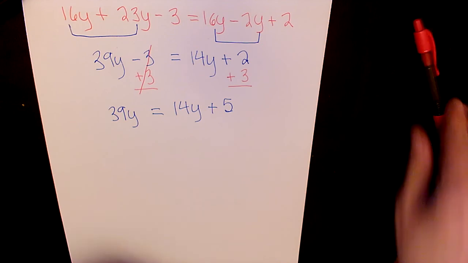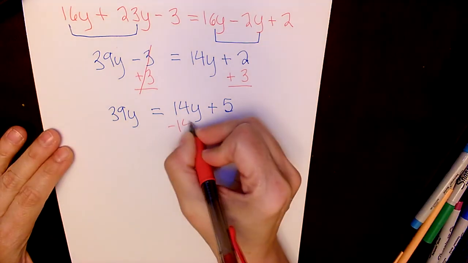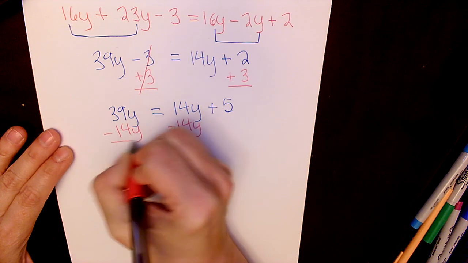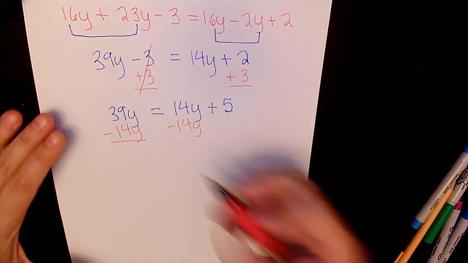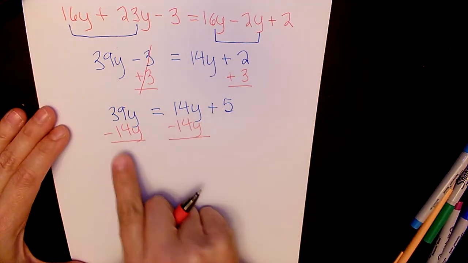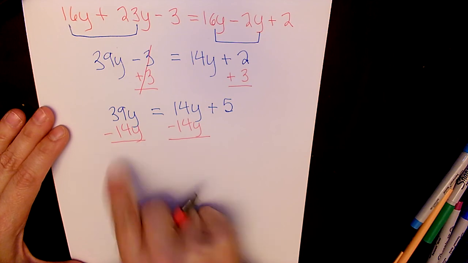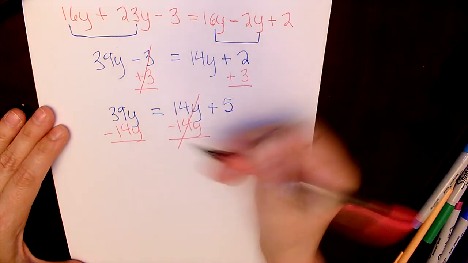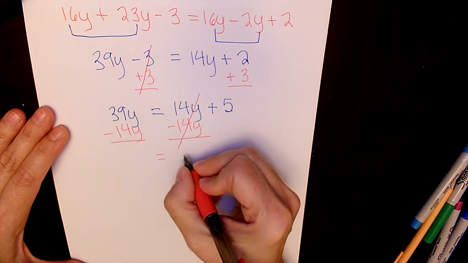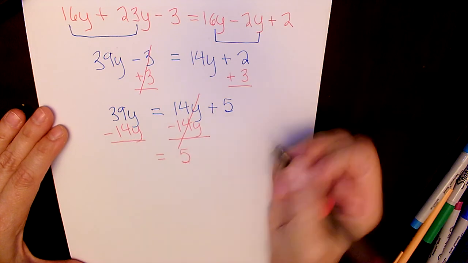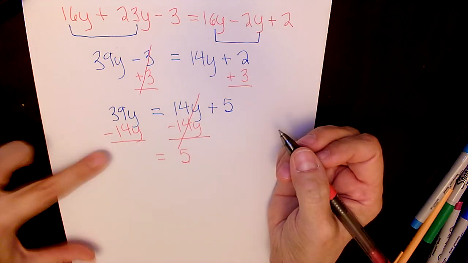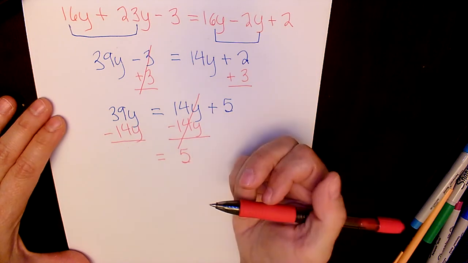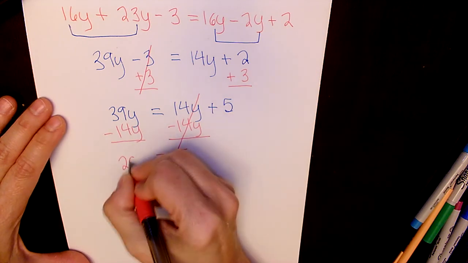And I'm going to subtract 14y from both sides, because I need the y's to be all on one side, and they're going to be all on the left-hand side. So 14y minus 14y, these are going to cancel out, and I'm left with 5. And 39 minus 14 is 25y.